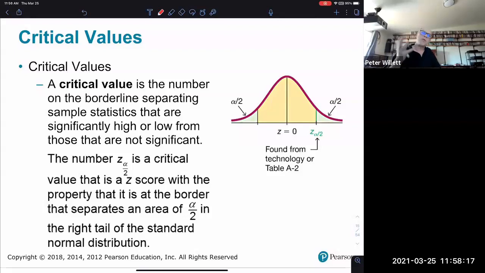But they will then use a lot of these labels in formulas to tell you how to calculate things by hand, which we won't really need to do. And I certainly want to de-emphasize that, but that doesn't mean that we can ignore all the labels here, because sometimes they will give problems where they just say, all right, what's alpha over 2? And what is the critical value in this case?